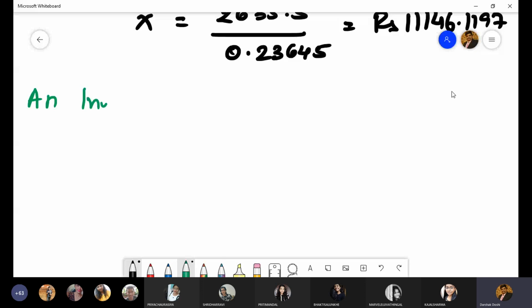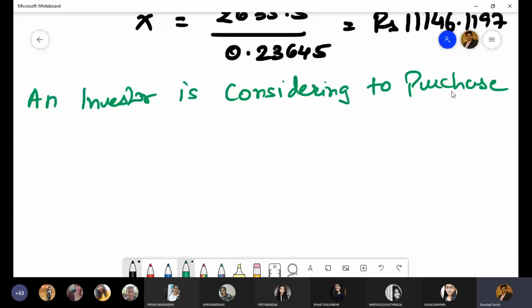An investor is considering to purchase the following bond.